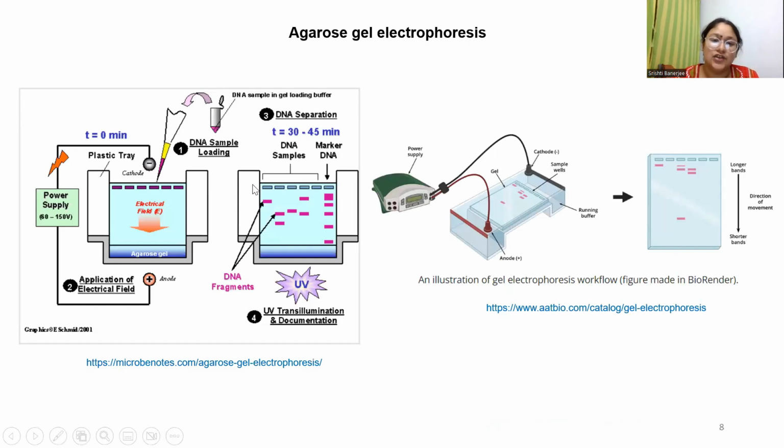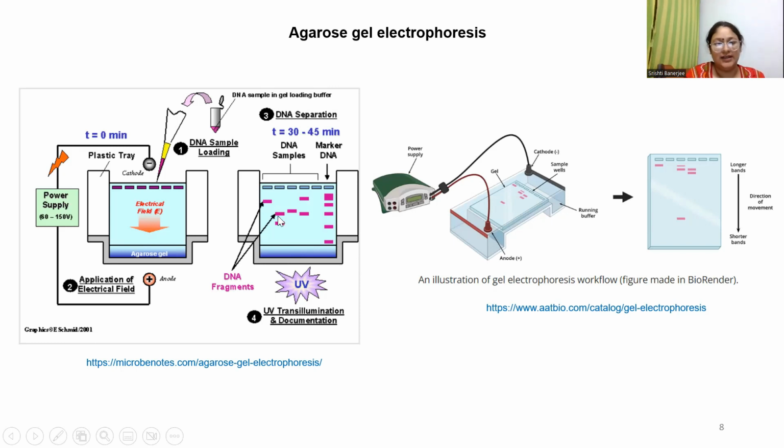What happens is you load your samples, and you also load a gel loading buffer. This gel loading buffer is glycerol and some other agents and a dye. As the run proceeds, there's a dye front. Once the dye front has reached this position, we switch off the instrument.